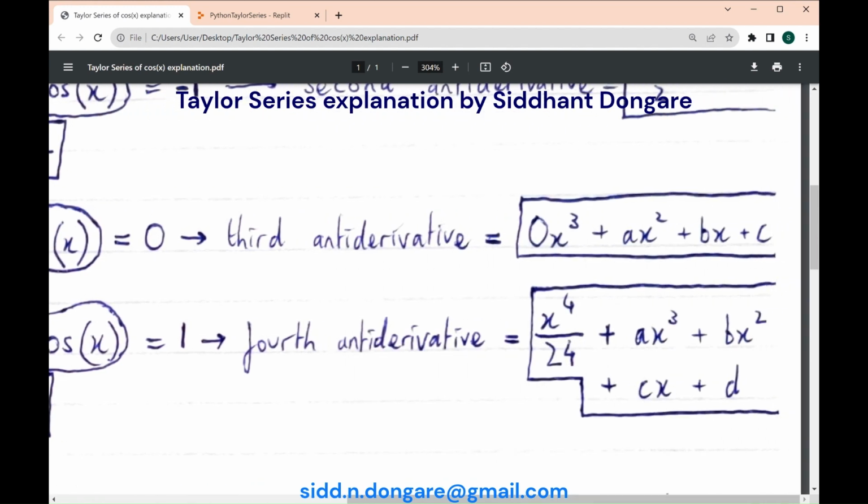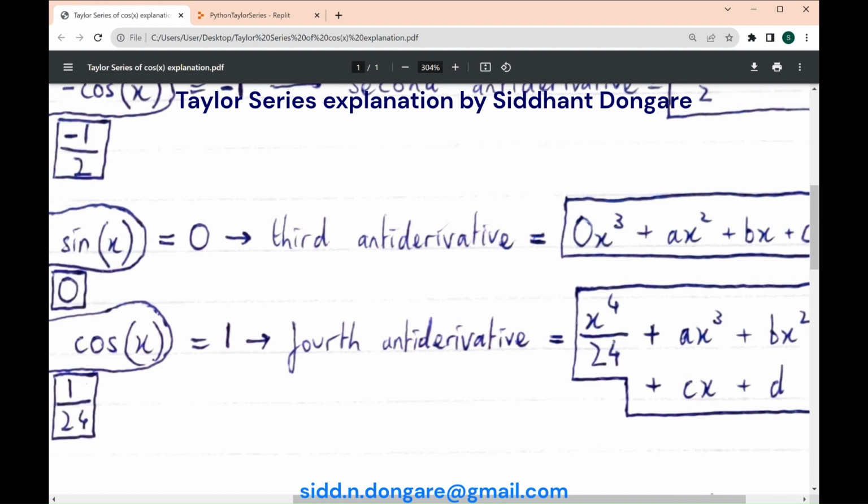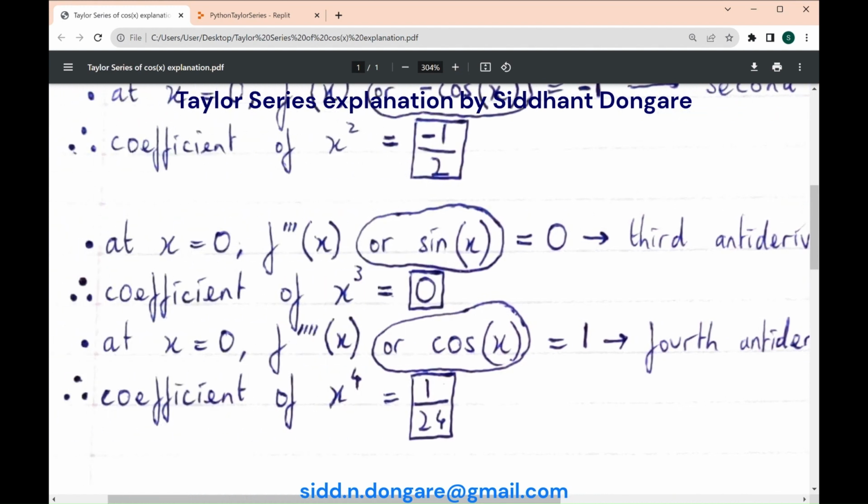That would be x to the 4 over 24 plus ax cubed plus bx squared plus cx plus d. And once again we know the values of a, b, c, and d. So we have a fairly good approximation so far for the cosine of x. And once again we know now that the coefficient of x to the 4 is 1 over 24.